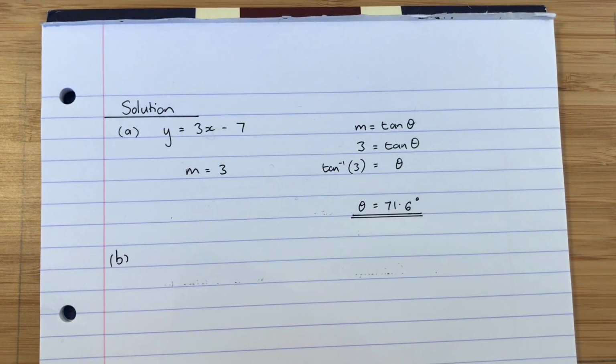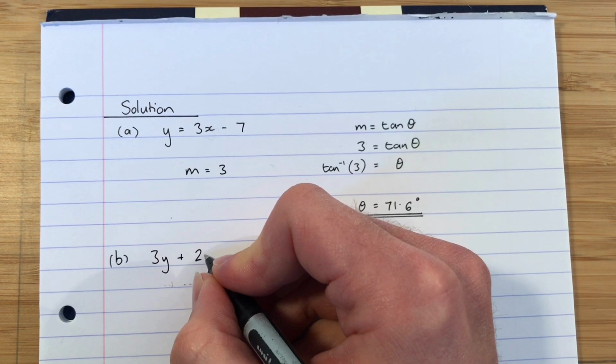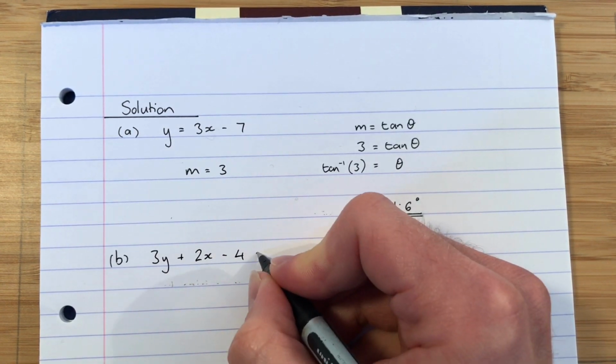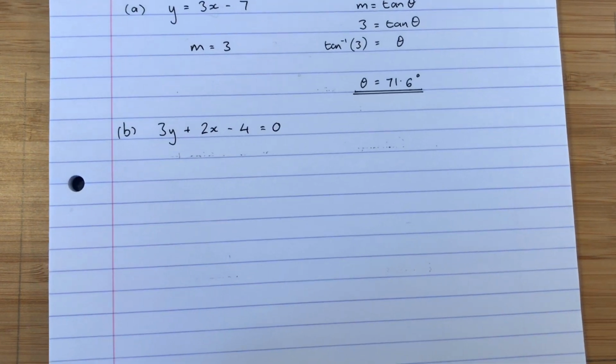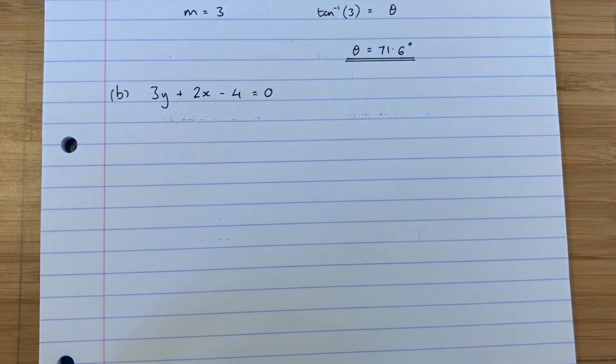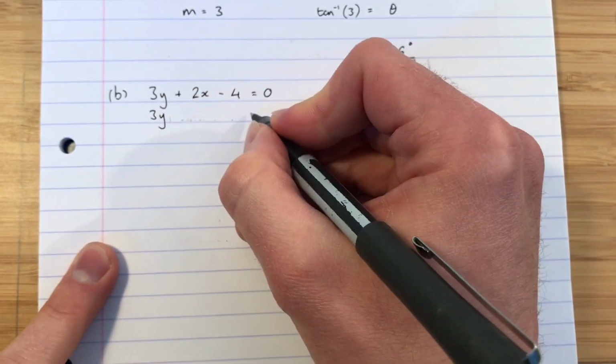Now for part B, the equation we were given was 3y add 2x minus 4 equals 0. So the gradient hasn't just been gifted to us this time, there's a little bit more work to do. We're going to have to rearrange this straight line. So let's leave the 3y where it is.